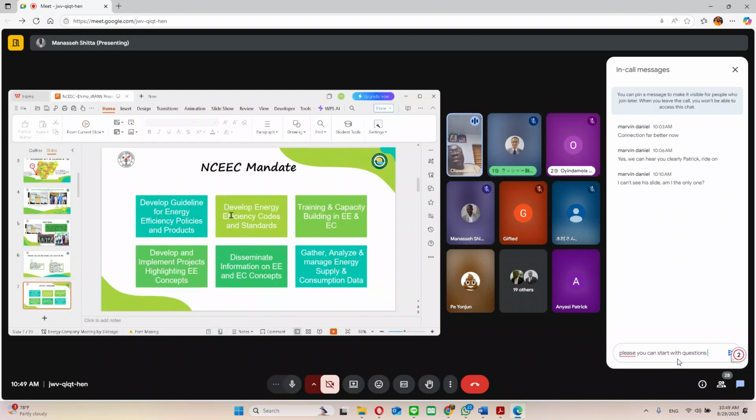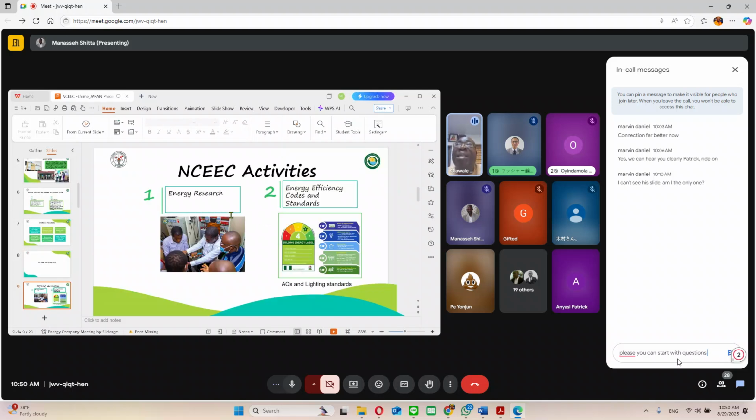Now, our mandate: we have to develop guidelines for energy efficiency policies and products, develop energy efficiency codes and standards, training and capacity building in EE and EC, development and implementation of projects highlighting EE concepts, and disseminate information on EE and EC concepts. Of course, we also gather, analyze, and manage energy supply and consumption data.